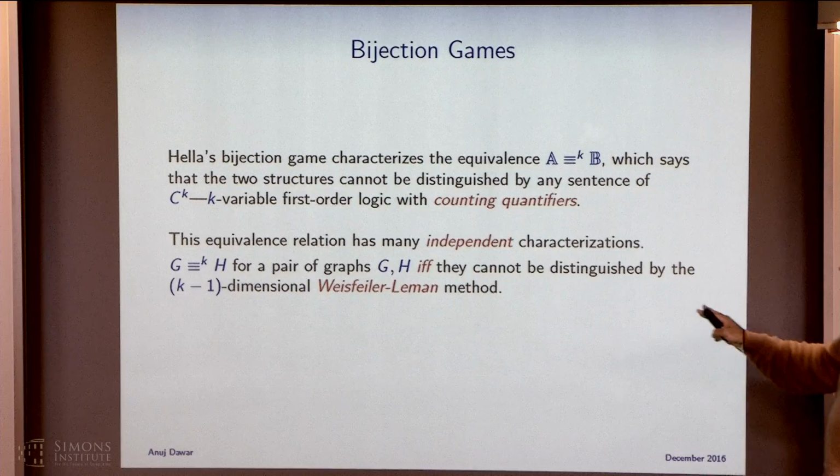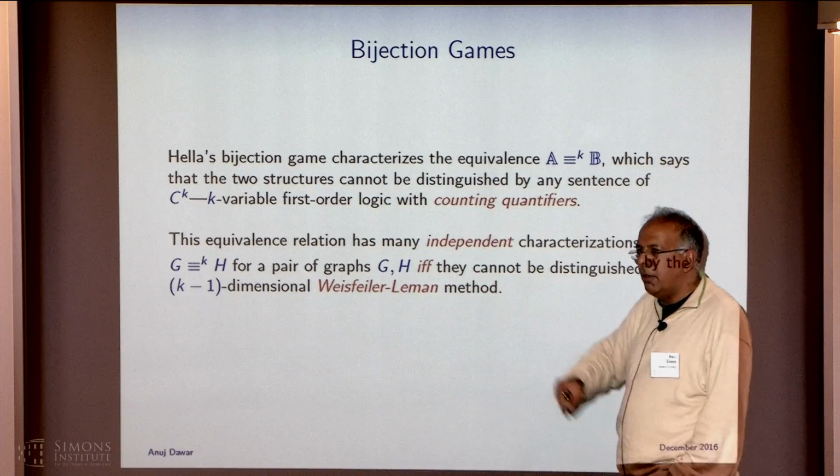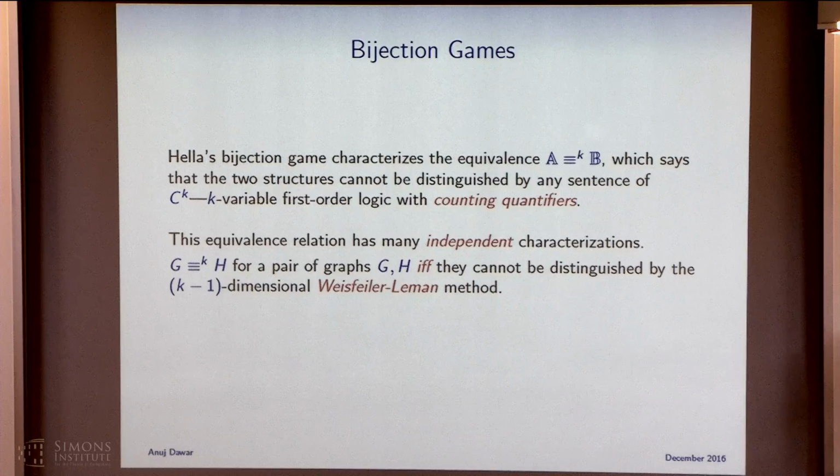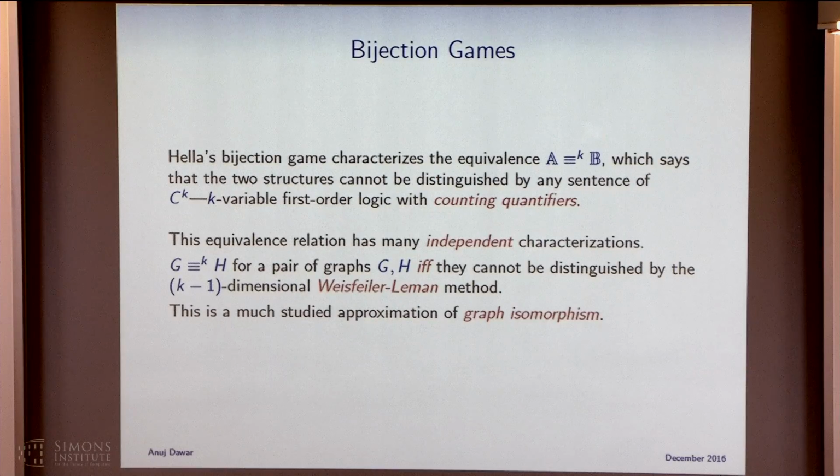It gives you an algorithm for approximating graph isomorphism for any fixed value of K. And we know that there's no fixed value of K for which it gives you all of isomorphism. That's the famous Cai-Fürer-Immerman result.